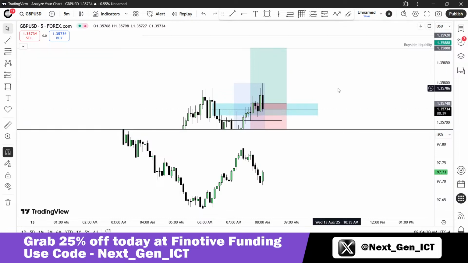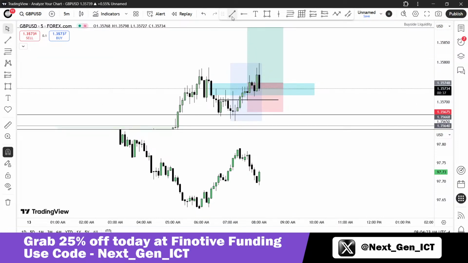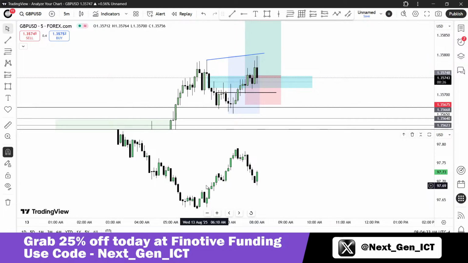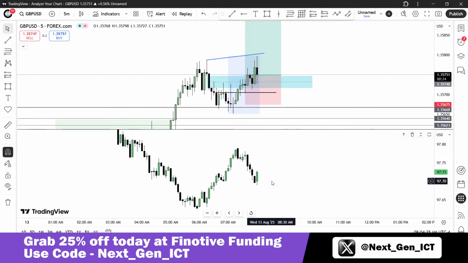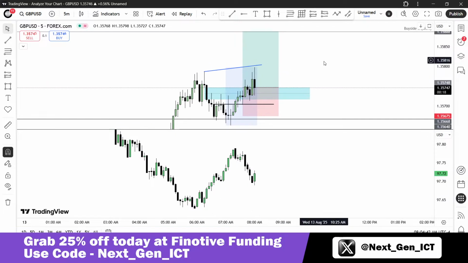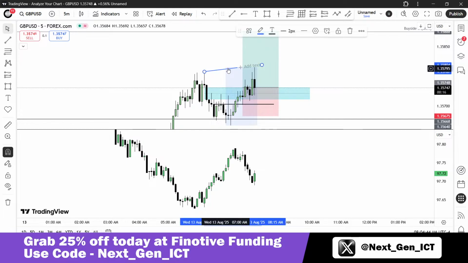The GU is reversing right here. As long as DXY doesn't form any swing low, then you don't need to care about that SMT.